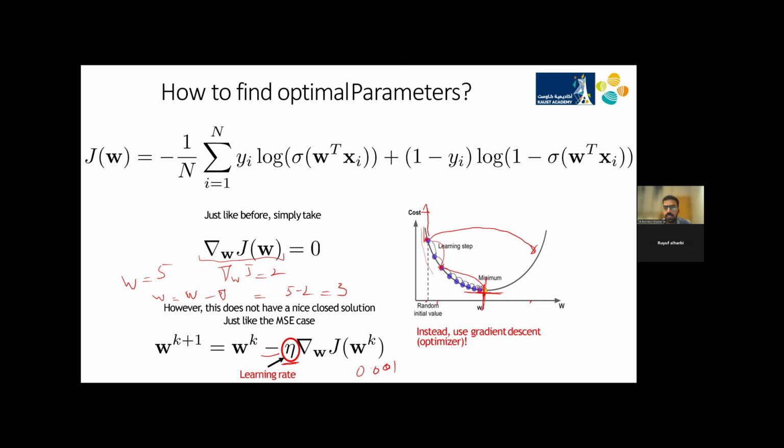Yes, please go on. We use the learning rate so that our step size or the jumps that we make are not abrupt. Okay, because if we don't use a learning rate, there might be the possibility that this thing will ask us to make a very big jump, and then we might actually overshoot the optimal point.